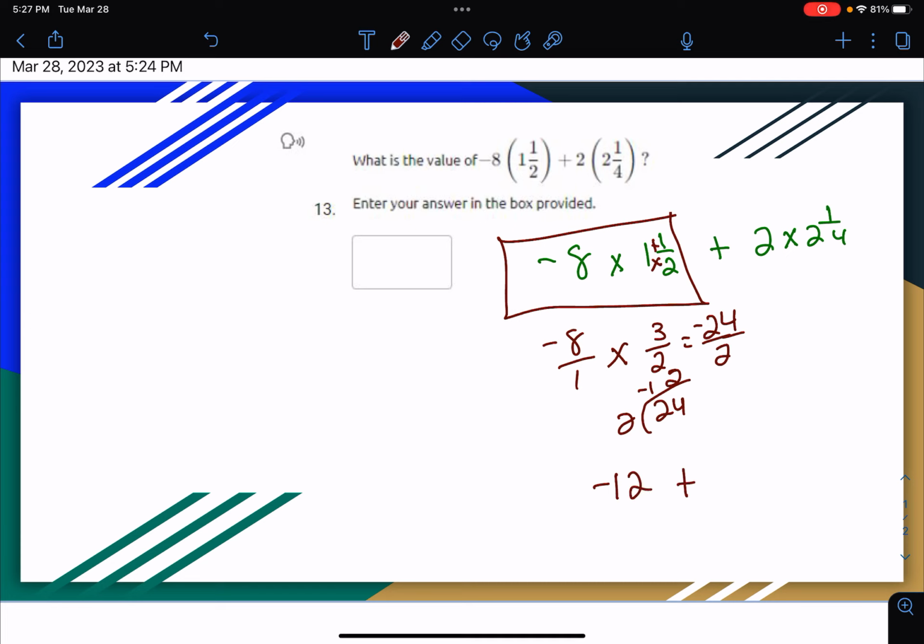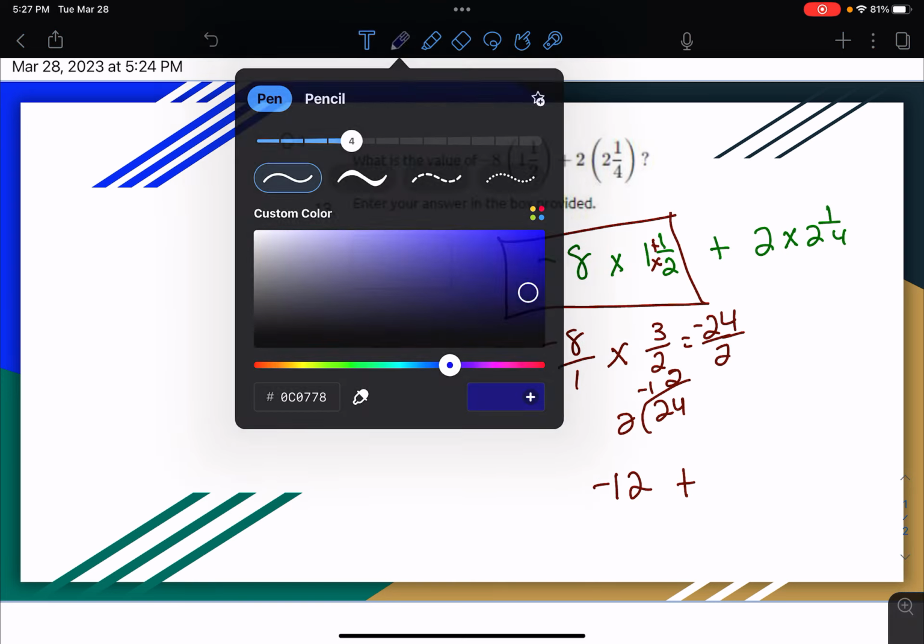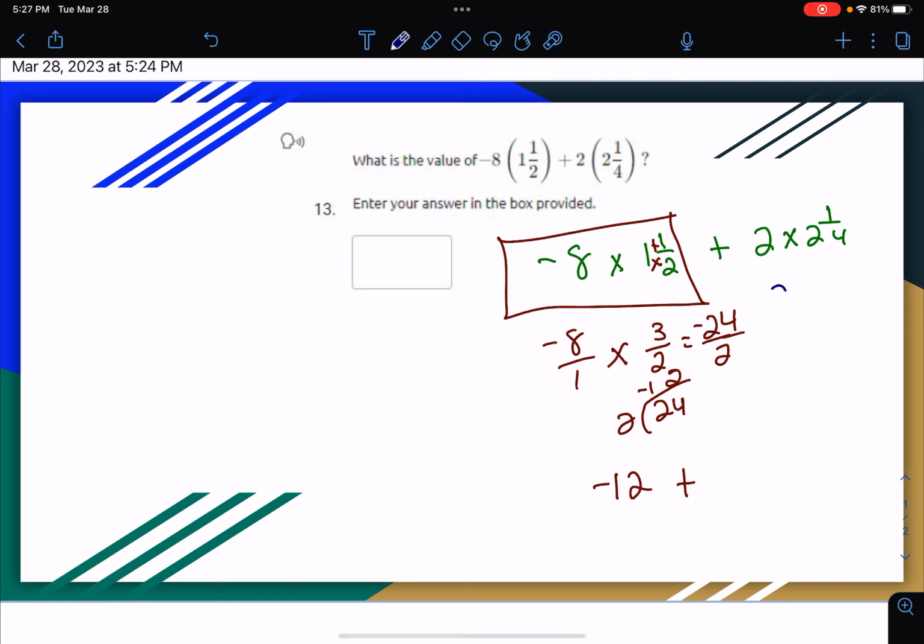So again, I have to bring my 2 down, turn it into a fraction by putting a 1 under it, times, and I have to, again, do Texas in order to turn this mixed number into an improper fraction and be able to multiply.